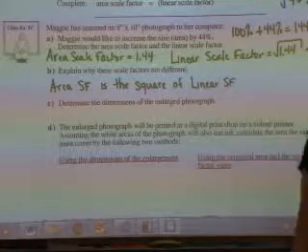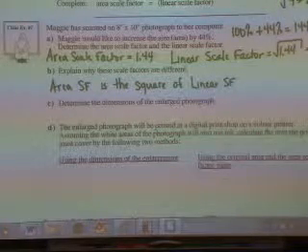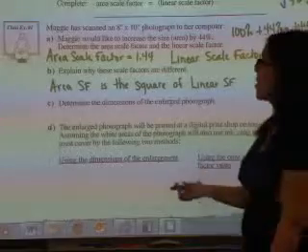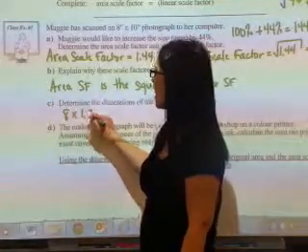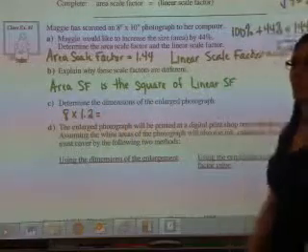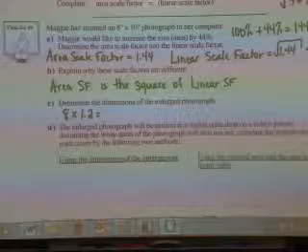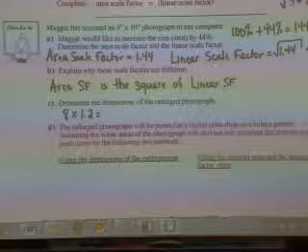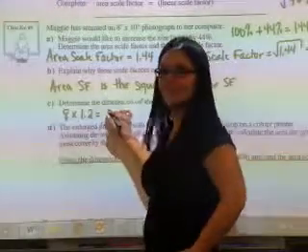Now that I know the linear scale factor, I can calculate the dimensions of the photograph. The photograph was 8 inches. If I multiply it by that linear scale factor of 1.2, what do I get? 9.6.